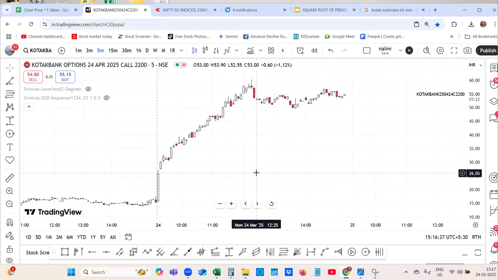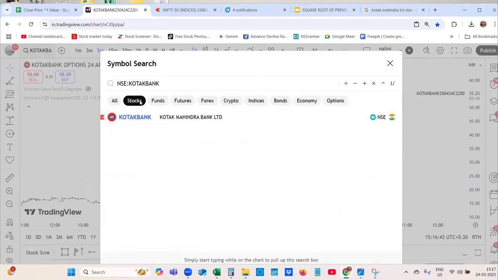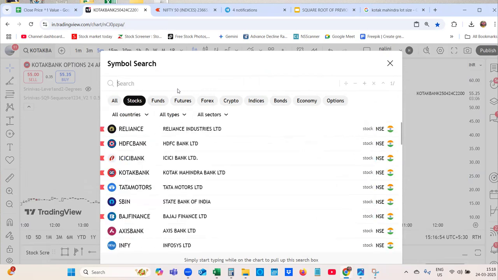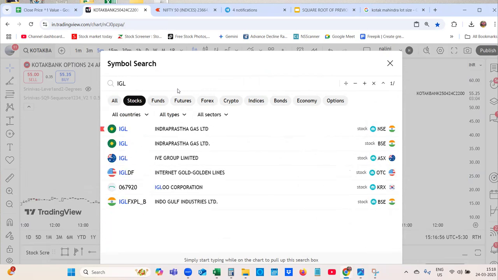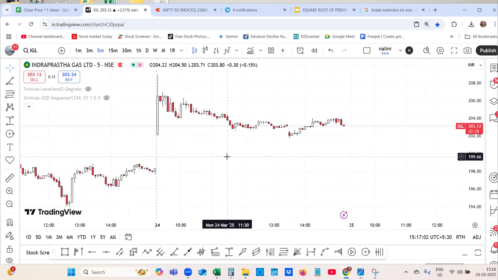Okay. See, this is very beautiful. Like this, REC had come in the screener. Let me go back. IGL stocks. IGL had come in the screener. Indraprastha Gas. Because it was a huge gap up, it has not worked.